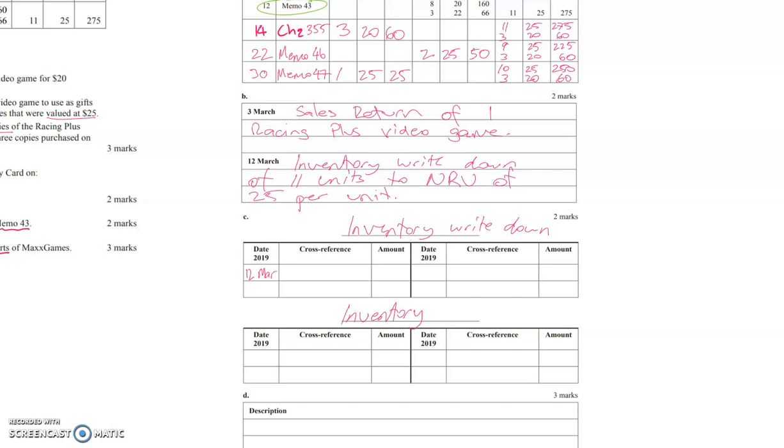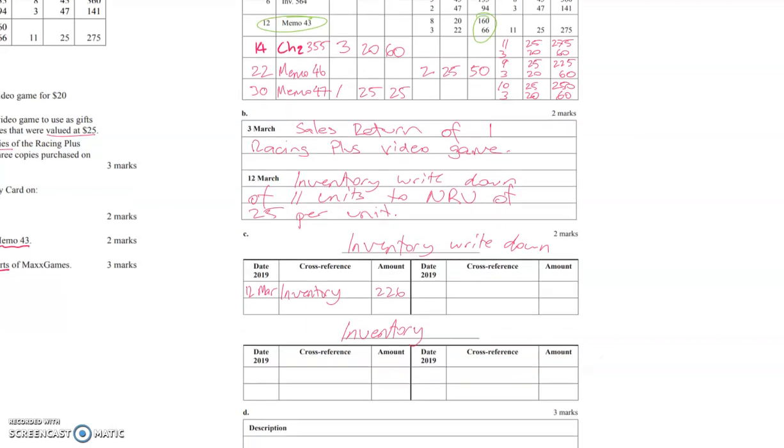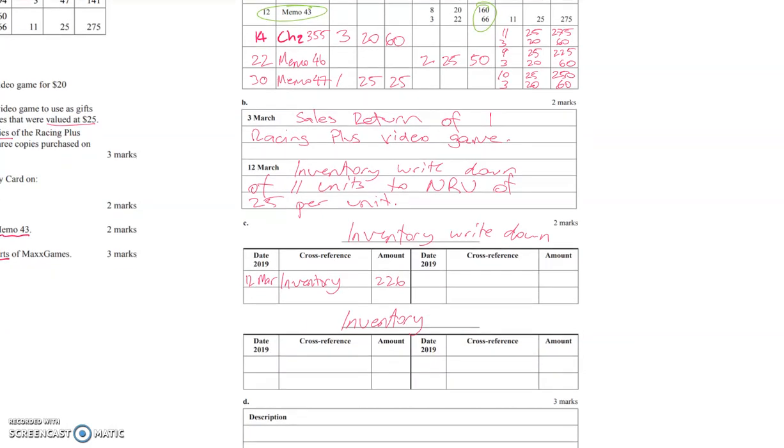The cross-reference under inventory write-down, which we are debiting for the expense, will be inventory. And how much have we written the inventory down by? Well, if you can have a look, we have 160 plus 66, which is 226.